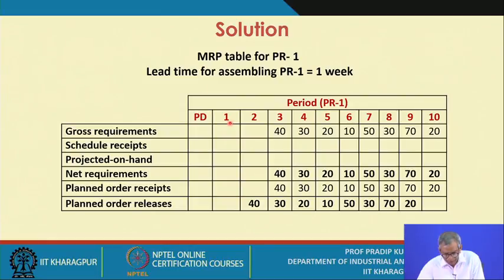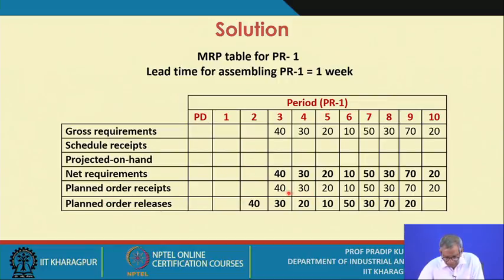You have considered 10 time periods: 1, 2, 3, 4, 5, 6, 7, 8, 9, 10. Now, the first row refers to the gross requirements. The gross requirements from the 3rd time period are given already, and the net requirements are absolutely the same as the gross requirements.